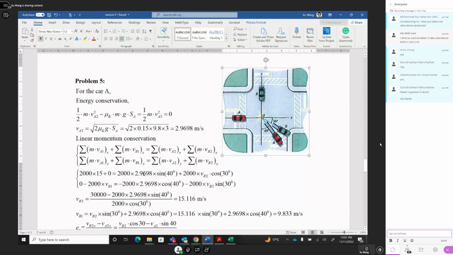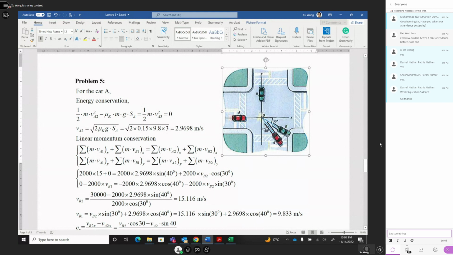A is m times speed, and then you have the projection in the horizontal direction, which is sine 40. That's for car A in the x direction after impact.